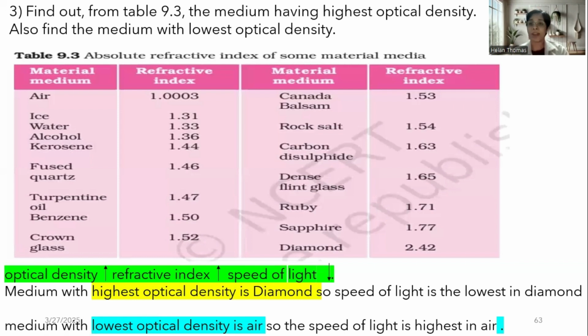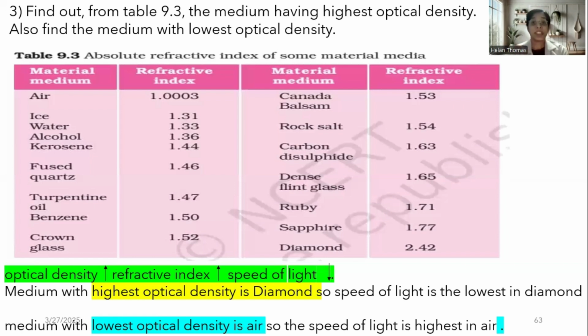When the speed of light is more, what does it mean? We have learned in previous classes what speed is: the distance traveled in unit time. So what is the unit time when I say the speed of light in air? It is the distance the light travels in air in 1 second.